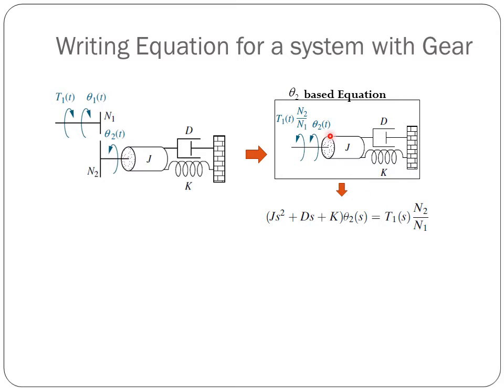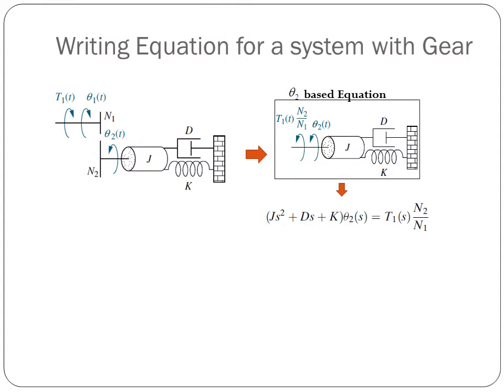Here, just like our previous lecture, we are writing the equation theta 2 into all the impedance, that is J s square plus D s plus K. So we have included all the impedance multiplied with theta 2 is equal to T2, and T2 is nothing but T1 into N2 by N1.